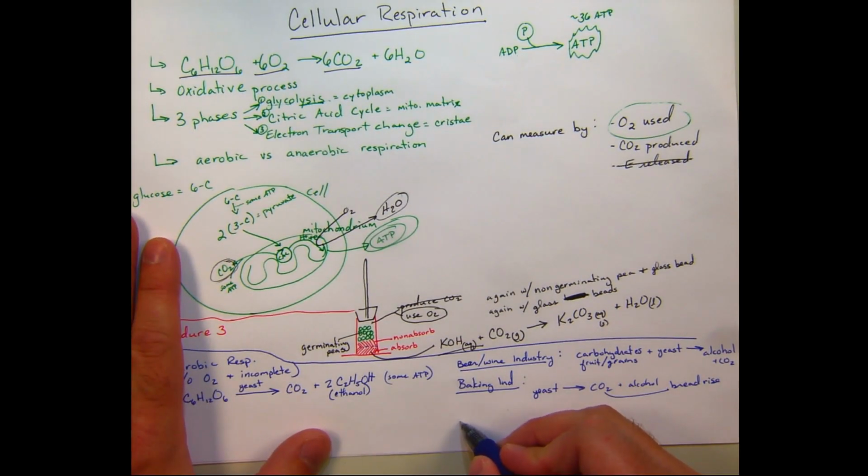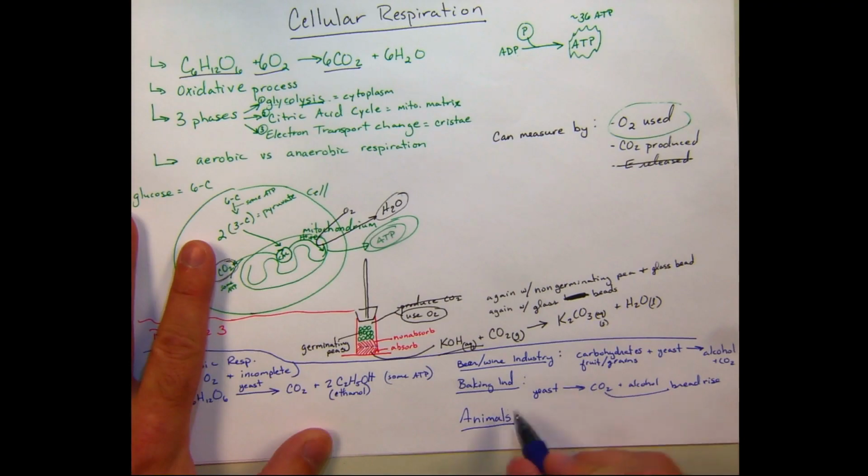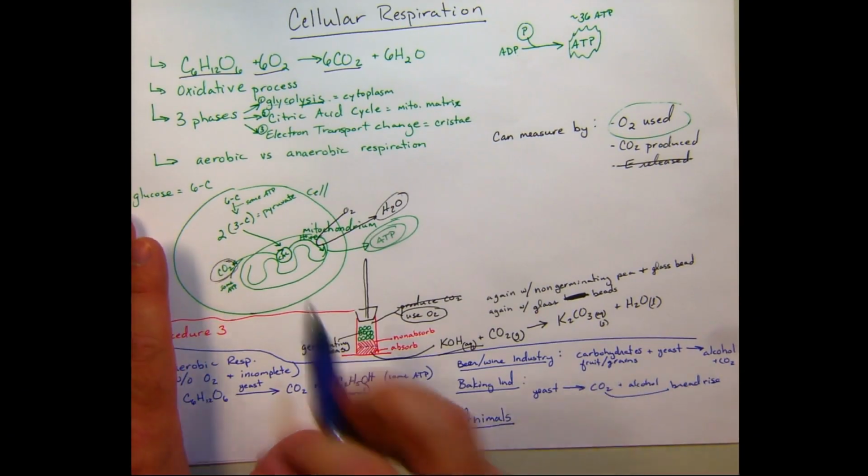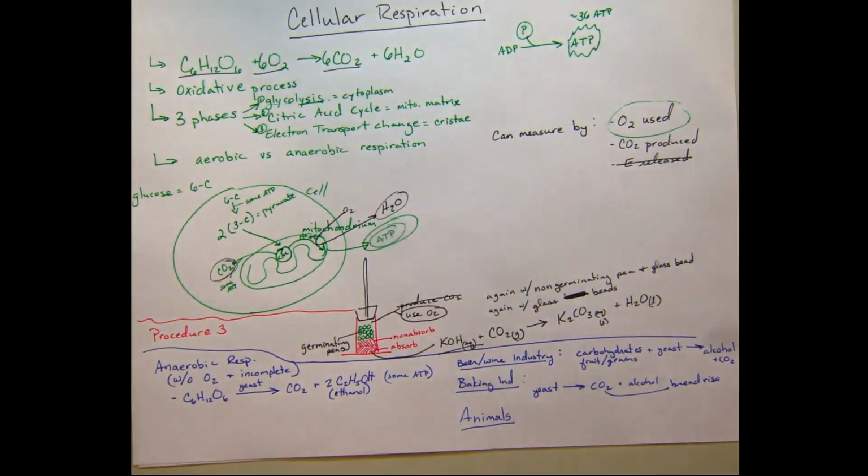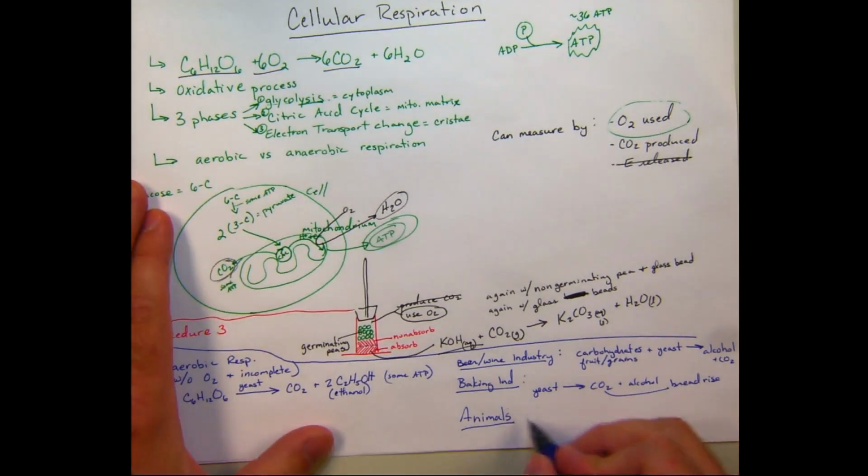Now inside of us, we don't use yeast. Right? Our cells can use anaerobic respiration if we did not have enough oxygen. But what we would do is we would produce lactic acid and some ATP.